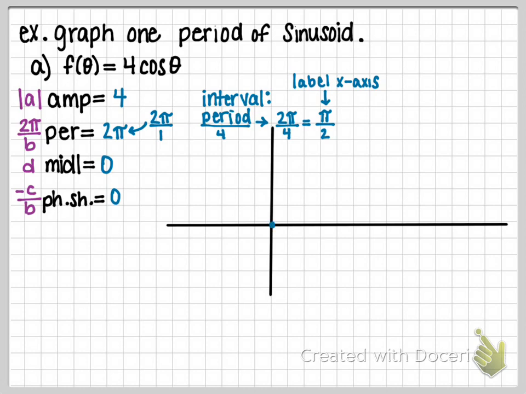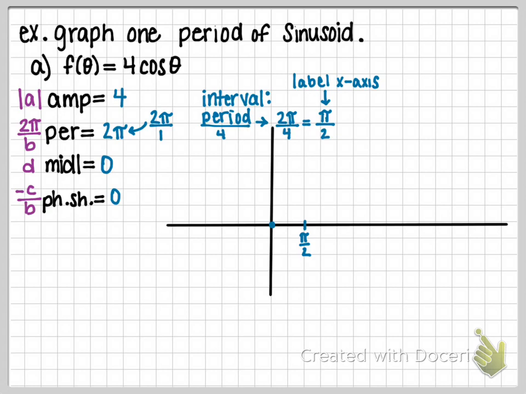So here we go. We know we're going to start off at 0, 0. And then the interval thing says that for each new interval, I need to add pi over 2. So 0 plus pi over 2 is pi over 2.